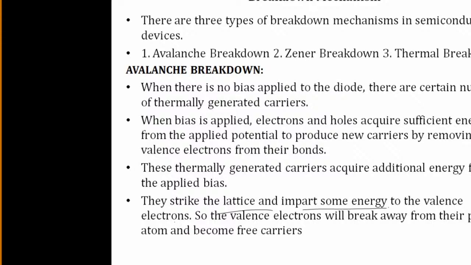What is happening is that the loosely bound valence electrons get some energy and move away from their parent atom. So the valence electron will break away from its parent atom and become a free carrier.